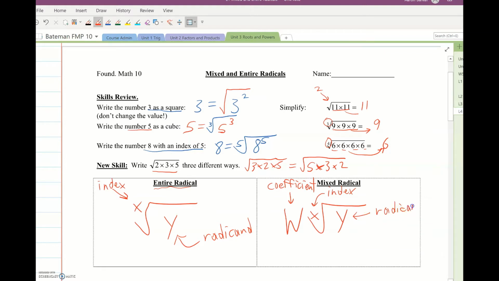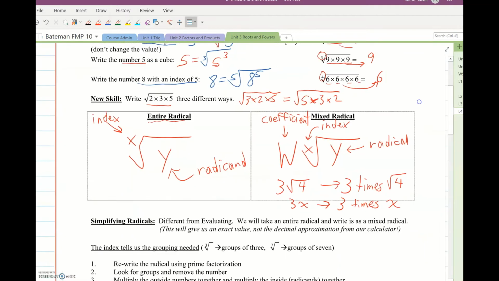So what is a mixed radical? Well, for example, if it's like 3 root 4, this actually means 3 times root 4. It's kind of like 3x is 3 times x, except instead of x now, we simply have our radical. Okay? Any questions? Please ask.